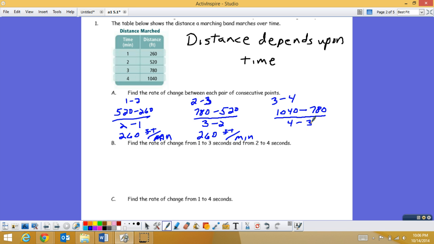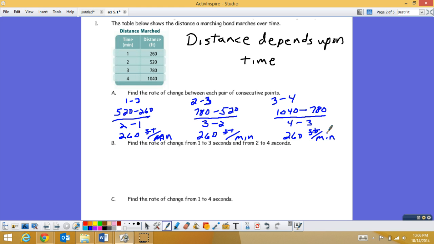I'm stuck on seconds for some reason. That's okay. So then, between 3 and 4 seconds, again, they're averaging 260 feet per minute. Much more doable.